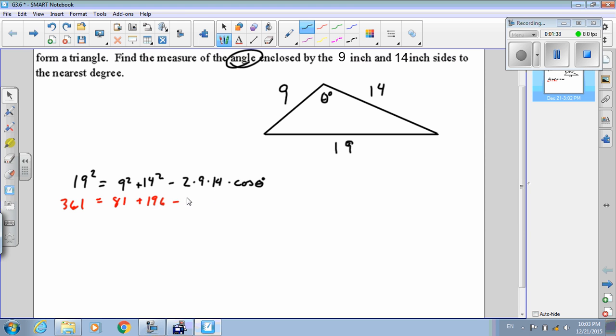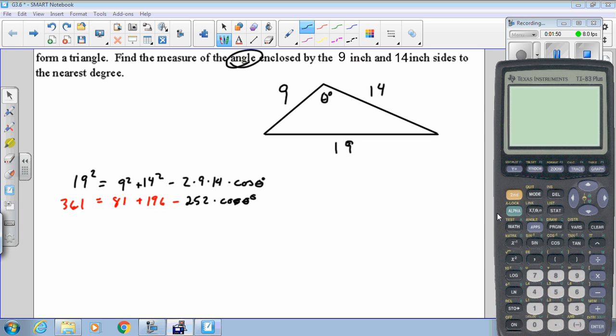Double that, that's 252 times cosine theta.